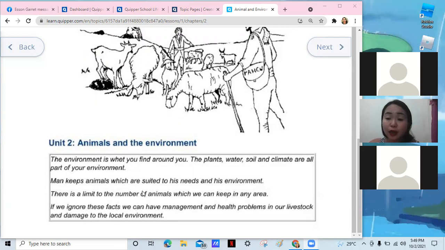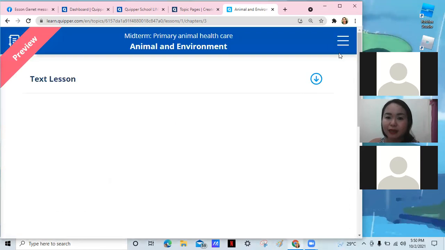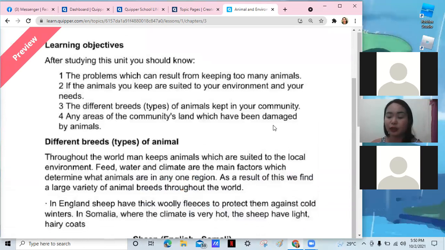Therefore, we cannot have so many animals that our environment can no longer support them. So we only keep a limit, and also do not ignore facts in terms of managing the health problems of our livestock and damage to the local environment. Because we can indeed get infected.